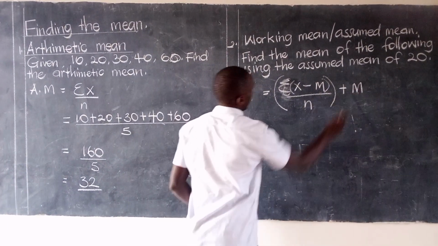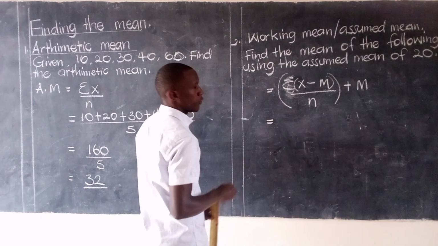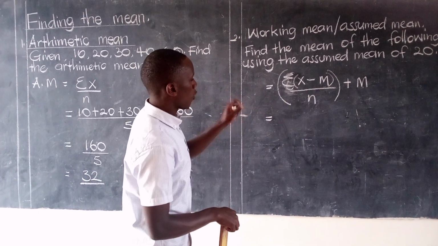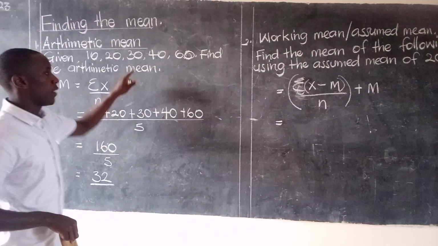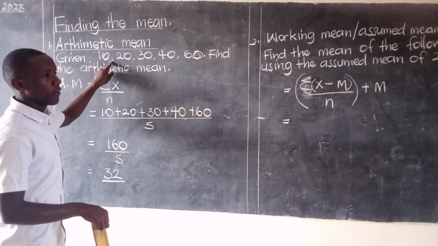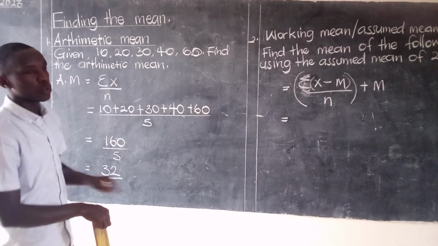Now, what we are going to do is very simple. We are going to get the difference between the observations we have here, and we find their summation.